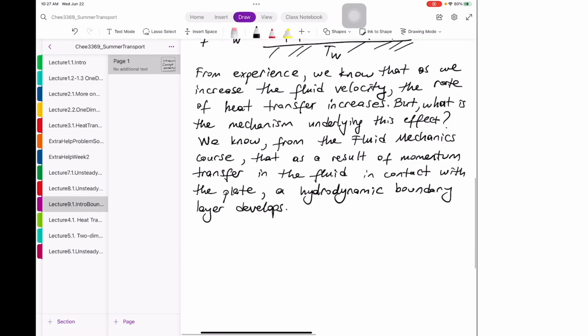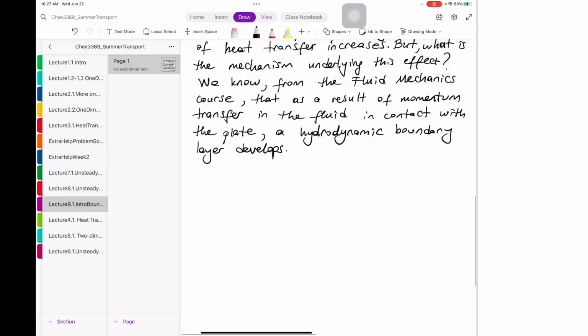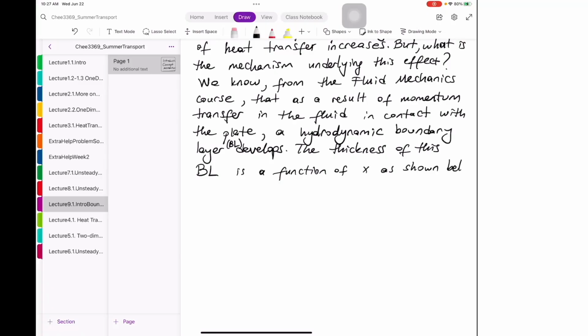And the thickness of this boundary layer, so let's call it BL, is a function of x, as shown below.